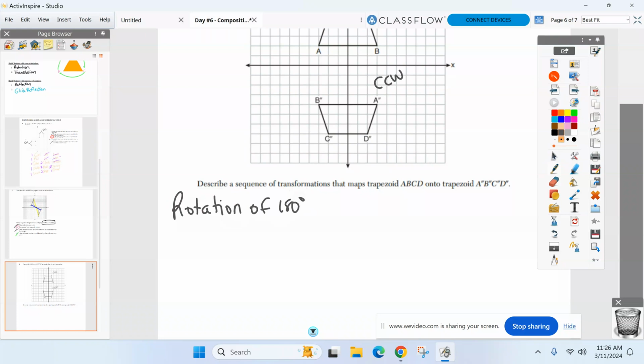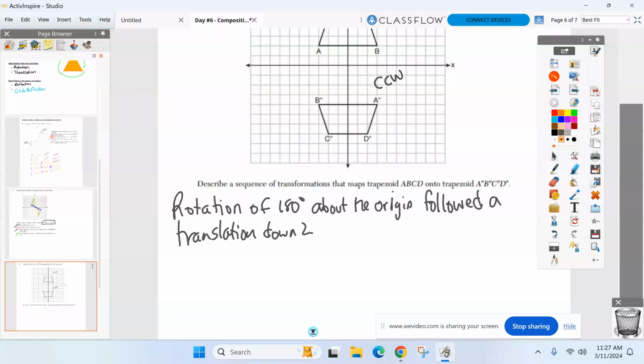Around where? Because we just showed it's not always around the origin. In this case it is though. So rotation of 180 about the origin, followed by a translation down 2.